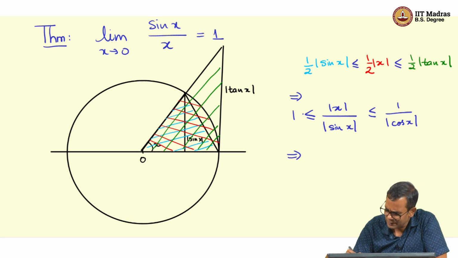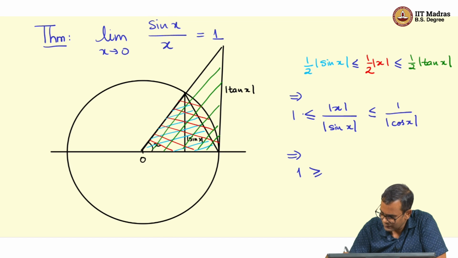But this is the same as flipping over the fractions and reversing the directions of the inequalities. So, what I get is 1 is greater than or equal to the absolute value of sin x by x, which is greater than or equal to the absolute value of cos x.